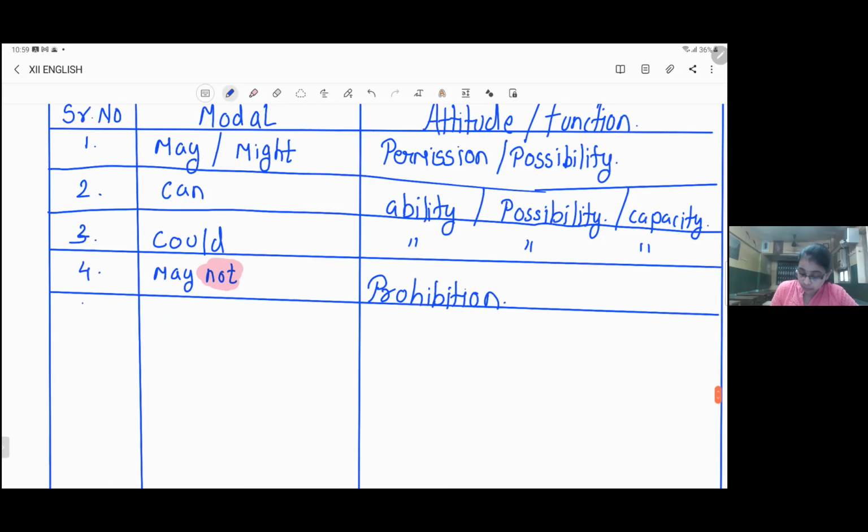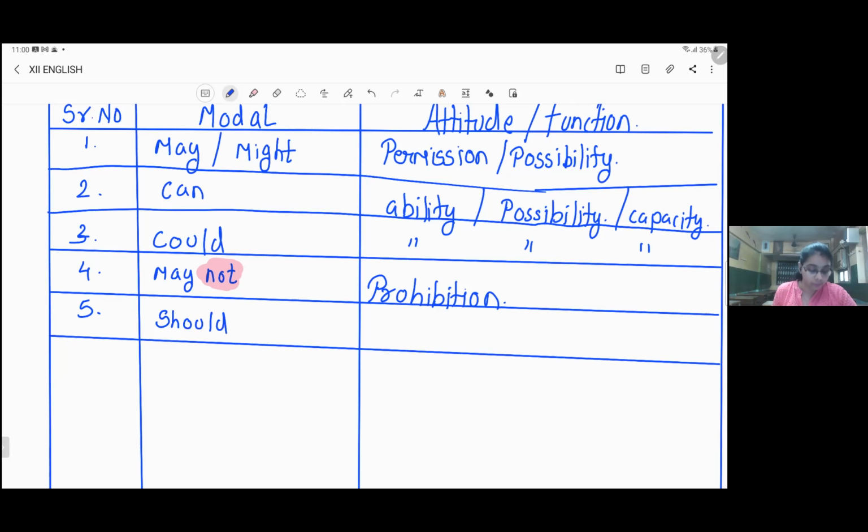Fifth, should. Advice. Or you can write probability.